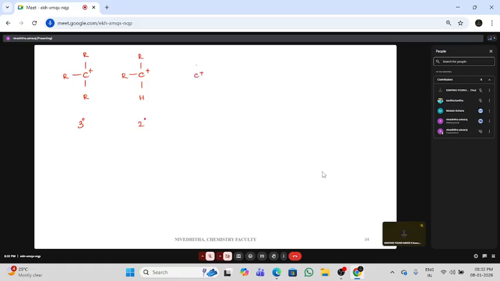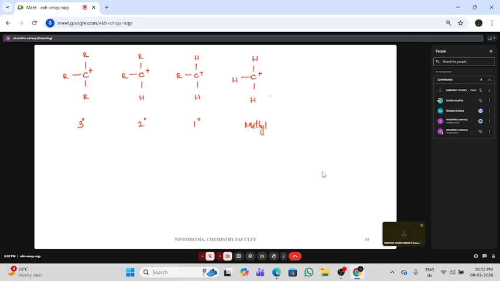Positively charged carbon is attached with only 1 R group and the rest of the bonds are attached with hydrogen atoms. So this is a primary carbocation. Positively charged carbon is attached with 3 hydrogen atoms. They are called methyl carbocation.